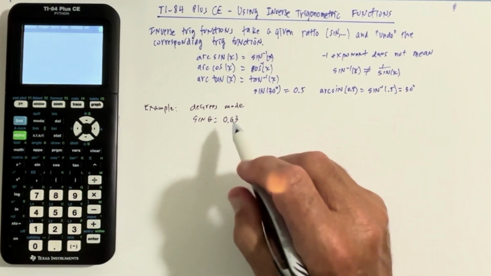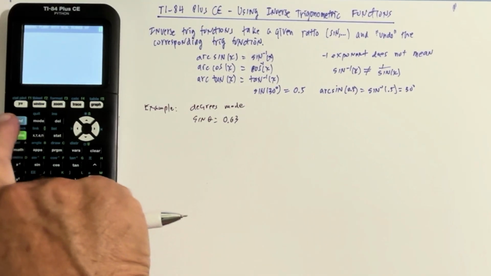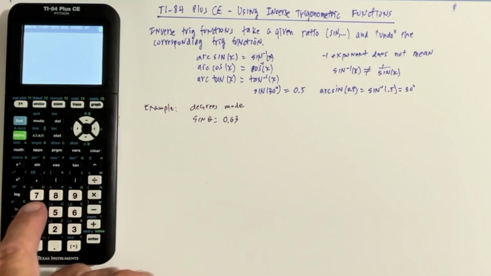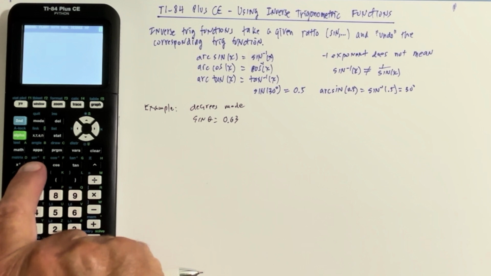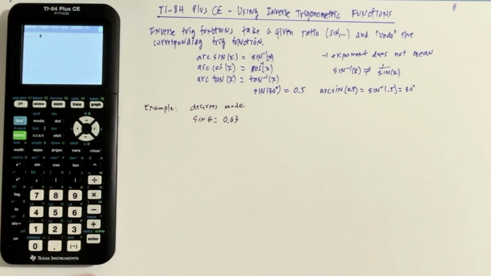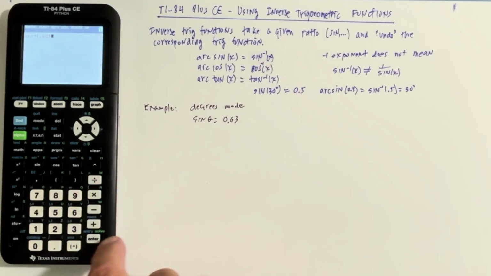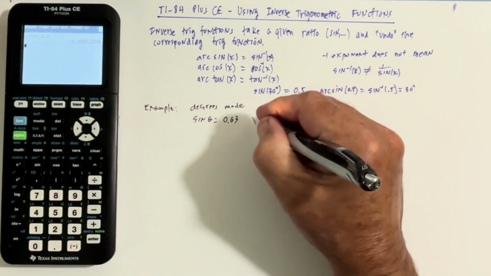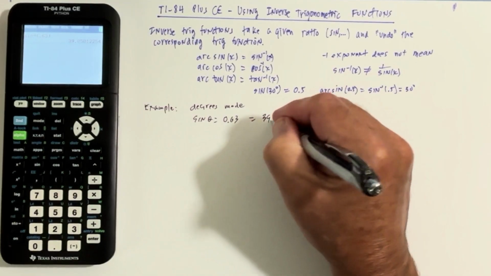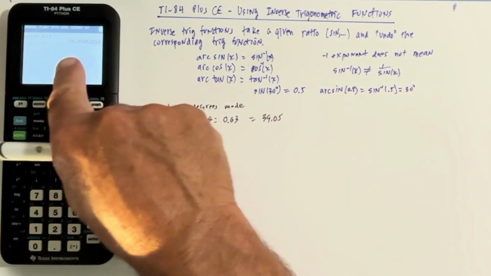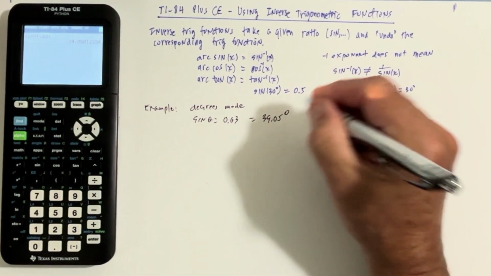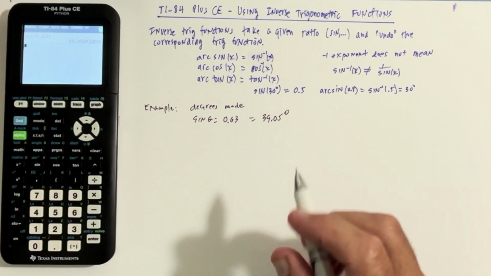Now what we want to do is press second, and then the sine inverse is right here, right above sine, little blue. And then we type 0.63, close the parentheses, and press enter. That's equal to 39.05. I'm just rounding to two decimal places. That's in degrees.